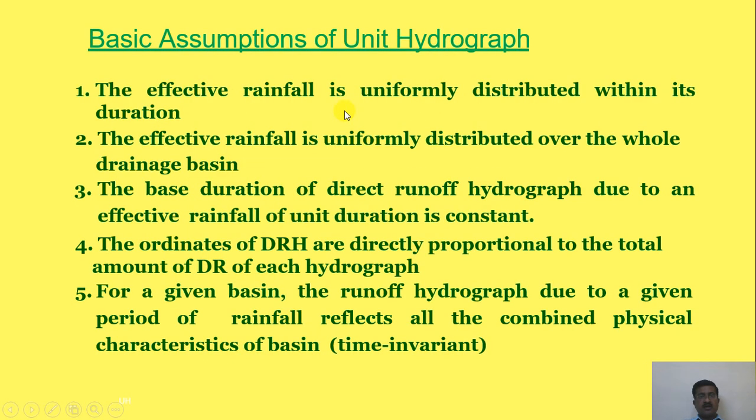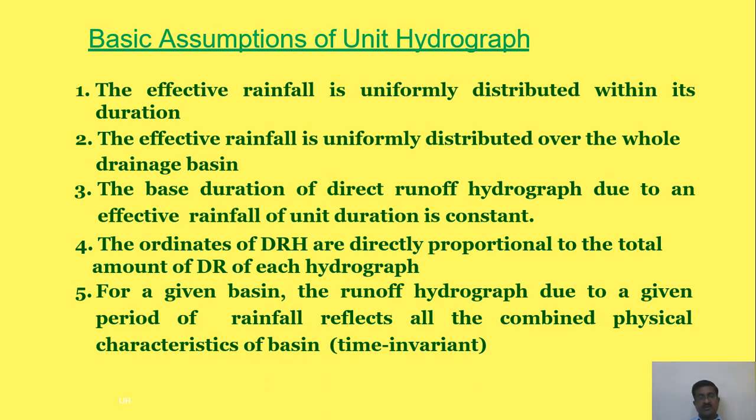What is the basic assumption when you are preparing the unit hydrograph? The effective rainfall is uniformly distributed within its duration. That is the basic assumption. The effective rainfall is uniformly distributed over the whole drainage basin. This is also an assumption.